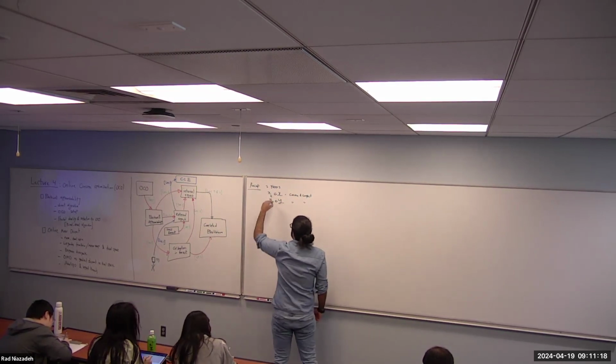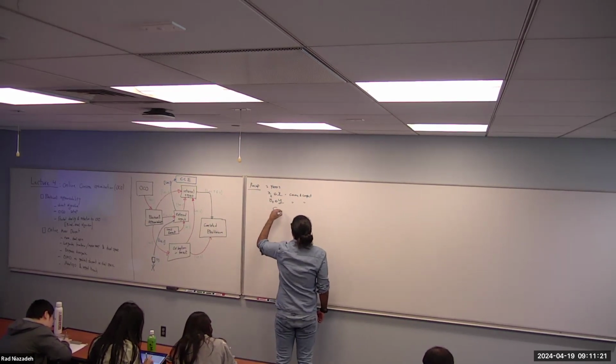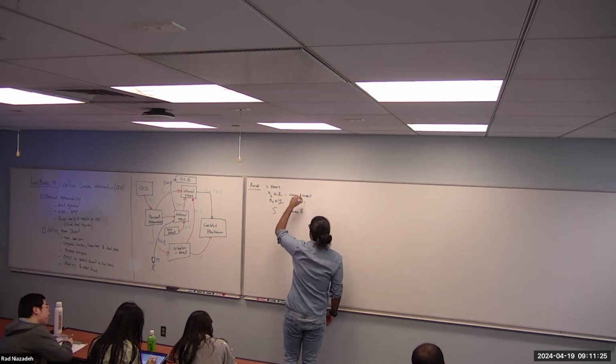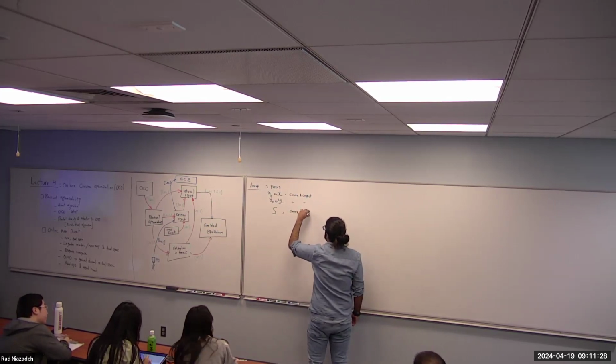And then the game is endowed with a target set S, which is also convex and not necessarily compact, but it needs to be closed.